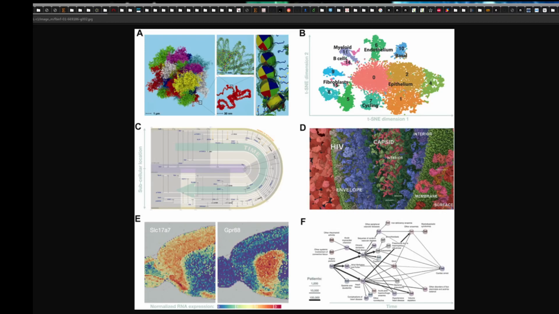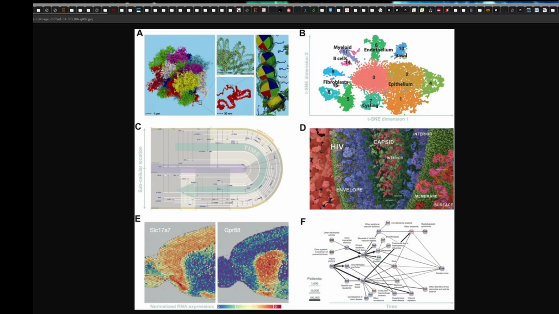Ståhl, P.L., Salmén, F., Vickovic, S., Lundmark, A., Navarro, J.F., Magnusson, J., et al., 2016. Visualization and Analysis of Gene Expression in Tissue Sections by Spatial Transcriptomics. Science 353, 78-82. DOI 10.1126/science.aaf2403. PubMed Abstract, CrossRef Full Text, Google Scholar.